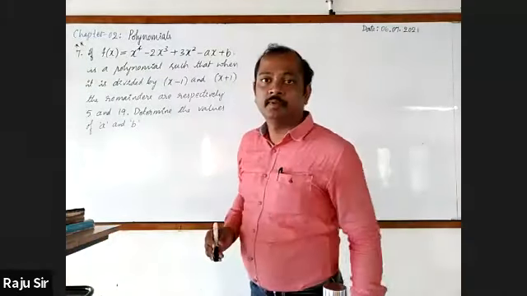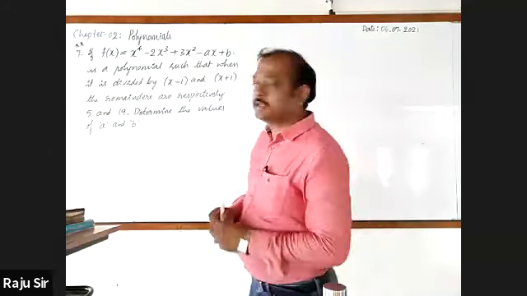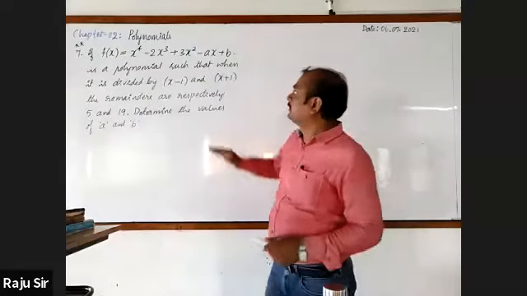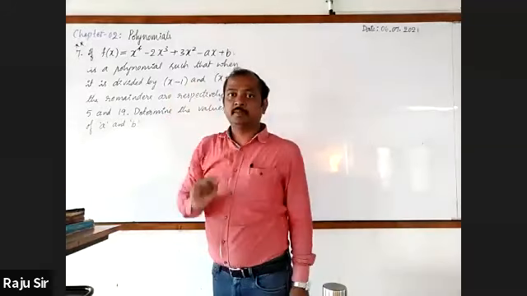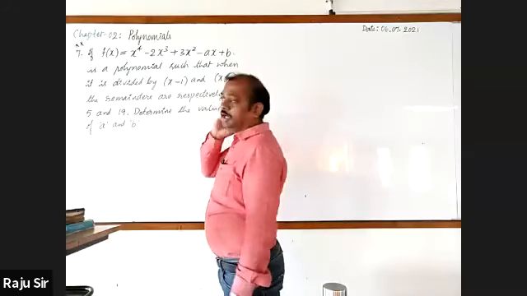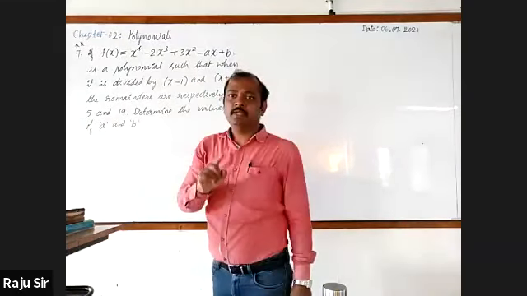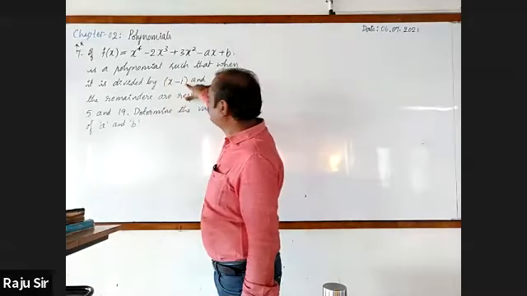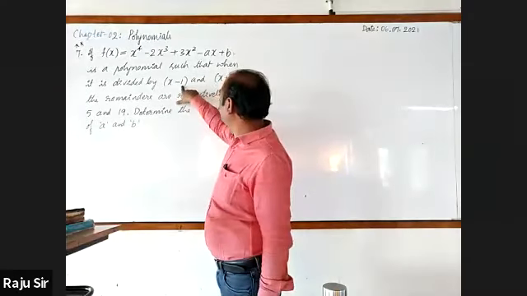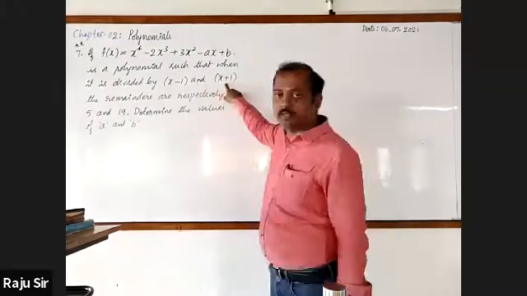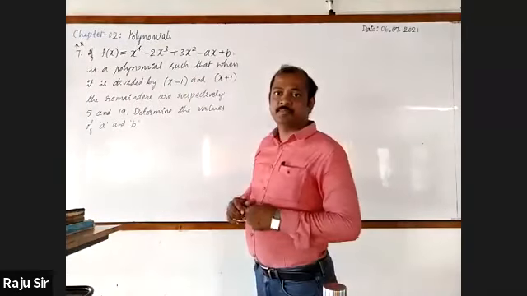Observe. Look here. First, let me tell you the meaning of this. They have given one polynomial, and the same polynomial is to be divided by two other polynomials. That is, one is x minus 1 and another one is x plus 1. These are divisors.